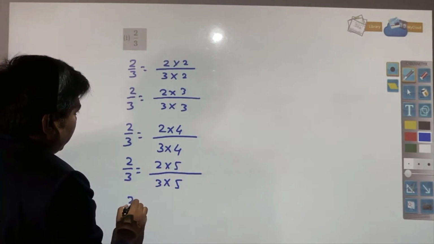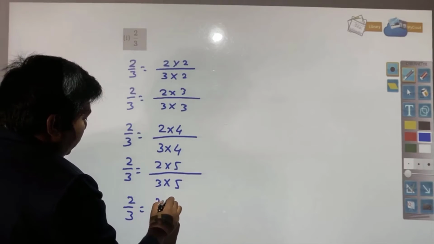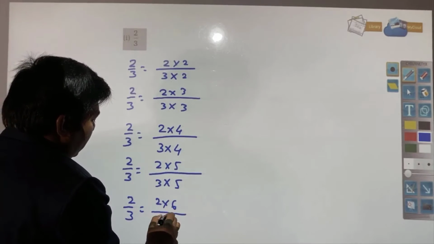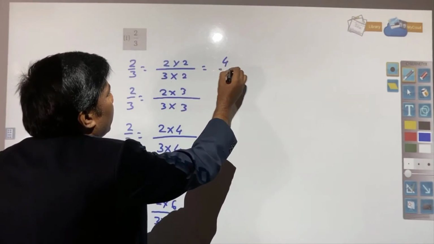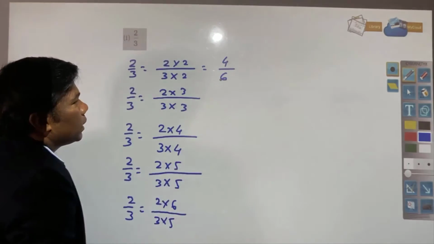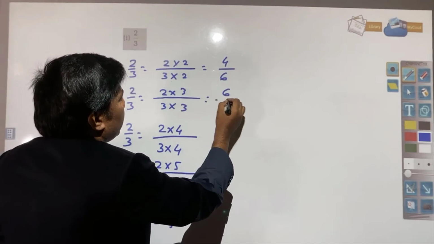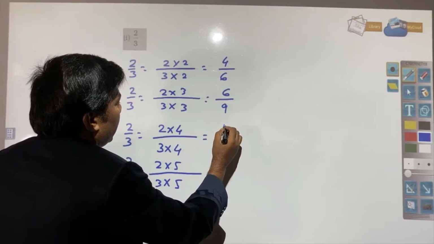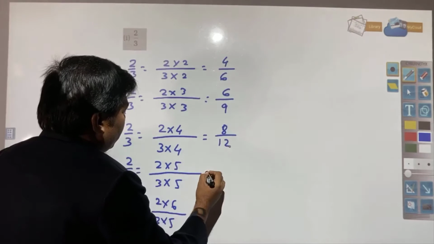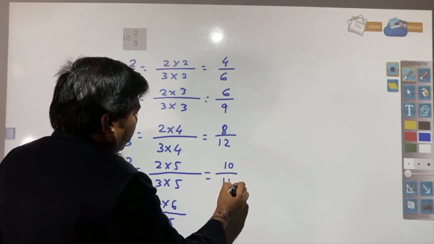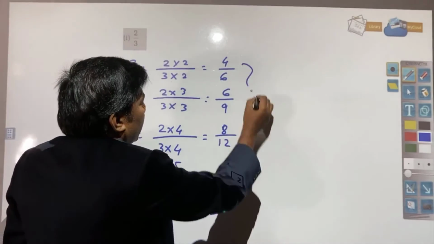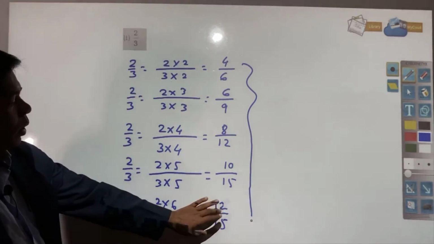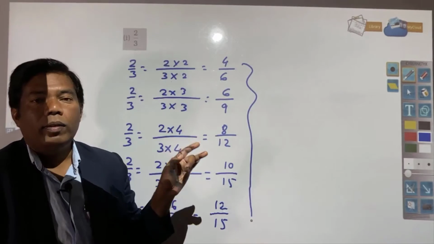And then 2 by 3 into 6 you multiply. Now you see what you get. 2 twos are 4 by 3 twos are 6. 2 threes are 6 by 9. 8 by 12, 10 by 15 and 12 by 18. So these are the 5 equivalent fractions: 1, 2, 3, 4, 5.